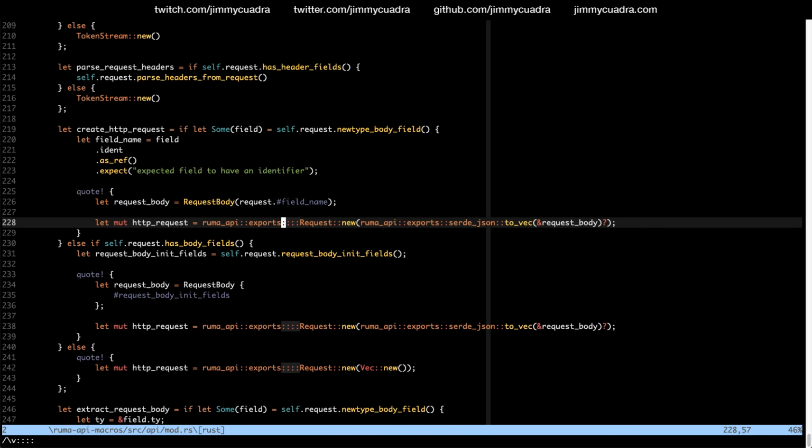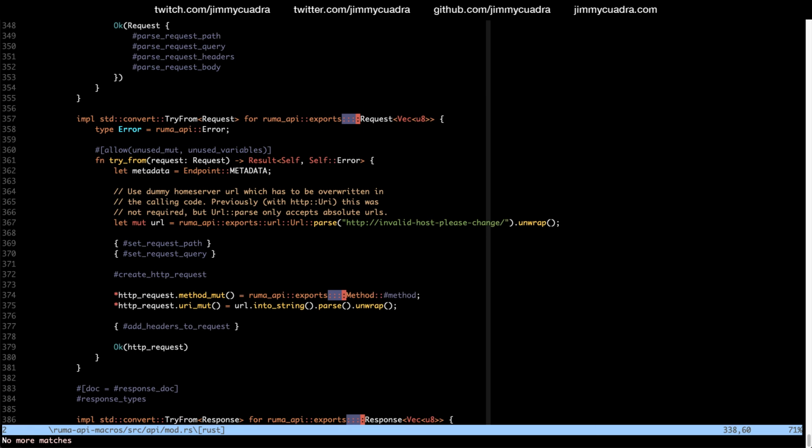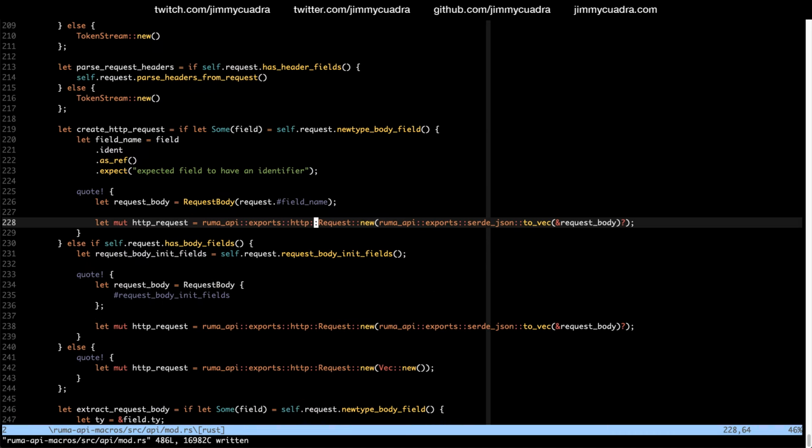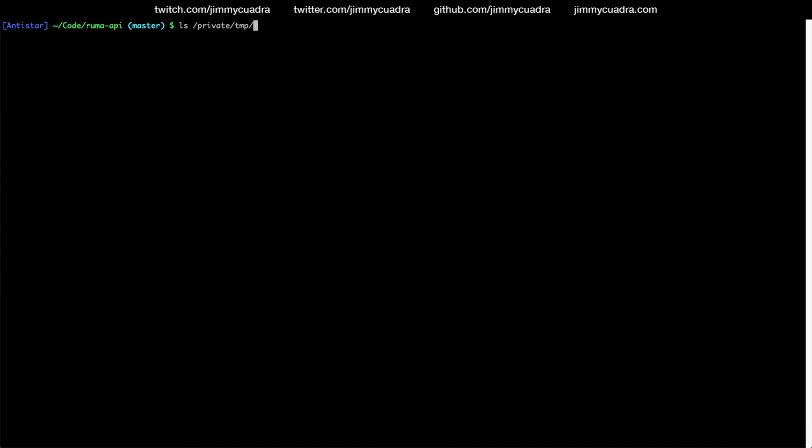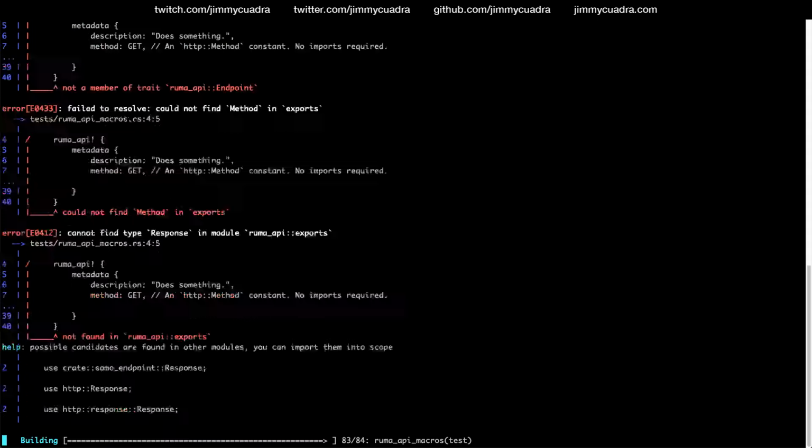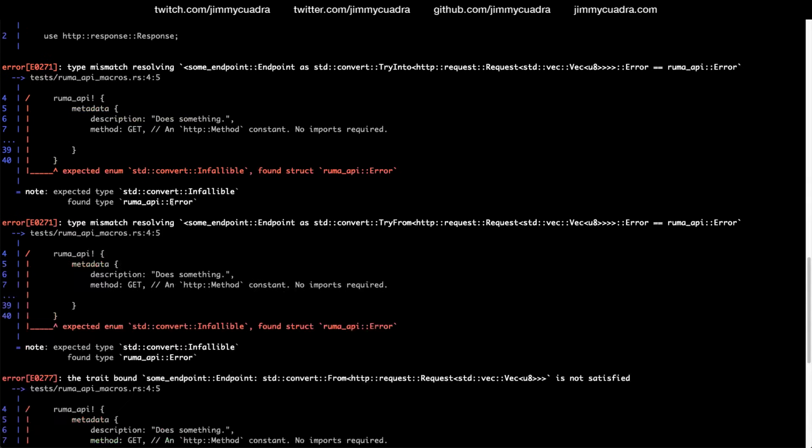Yep. So this is supposed to have HTTP in it. How did I do that? Major fail. HTTP. I bet that's it. Let's try testing again. Okay. That was the problem.